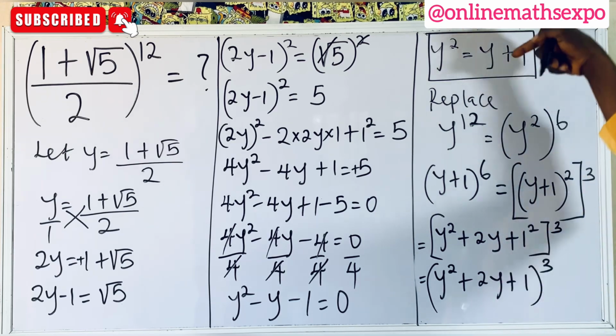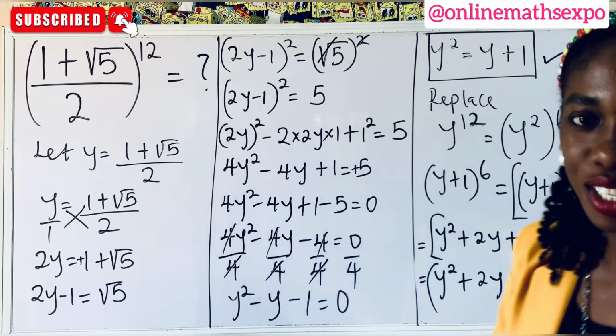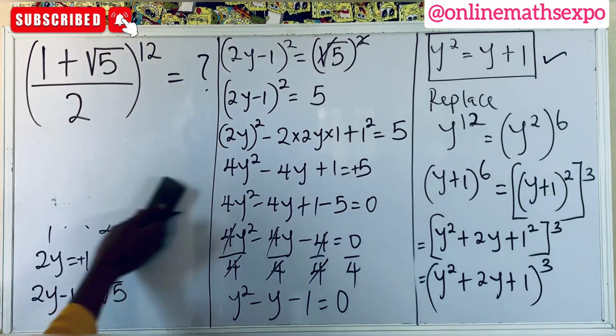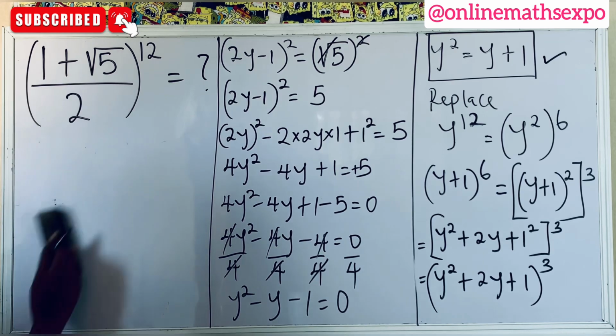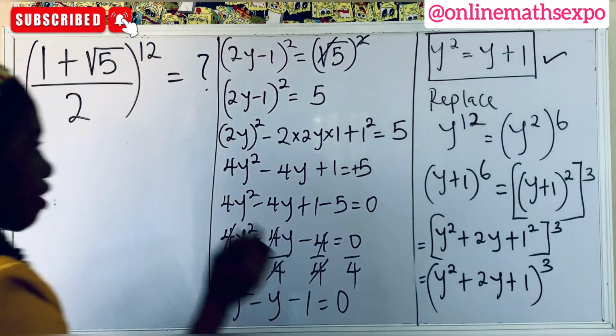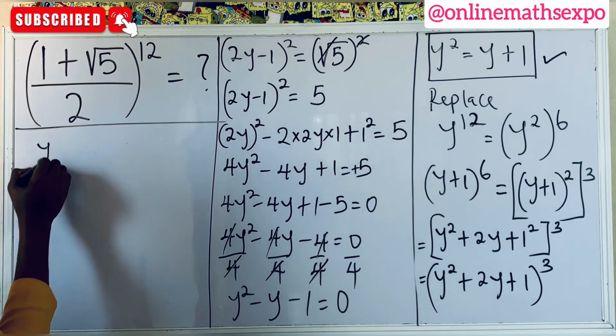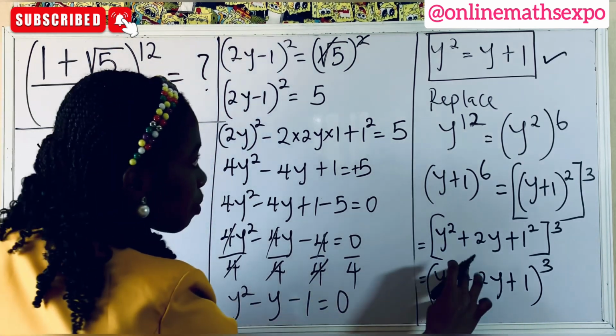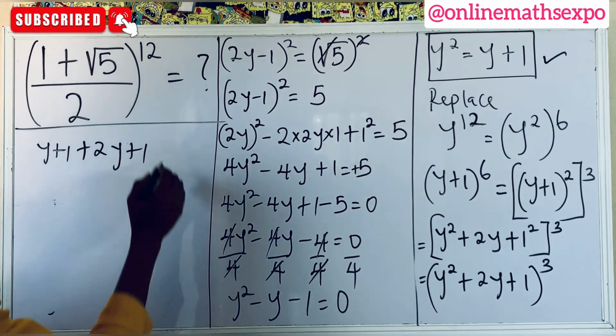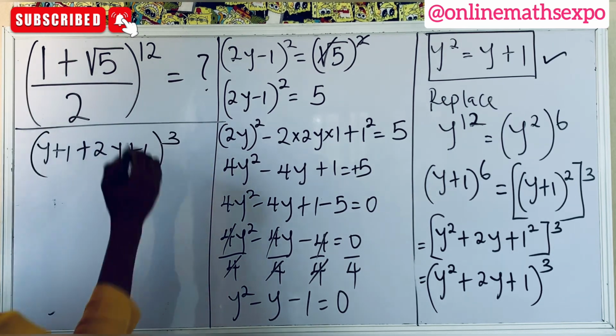So we are still going to replace it. We'll keep reducing it till we get what we want. So let's do it here. From here now, our y squared is this. So we're having y plus 1 taking the place of this, plus 2y plus 1, raised to the power of 3.